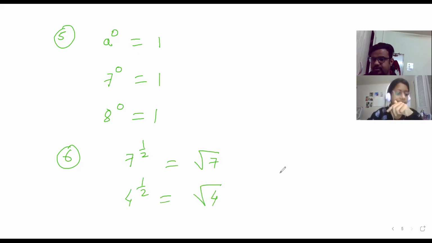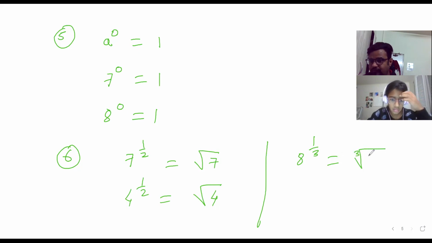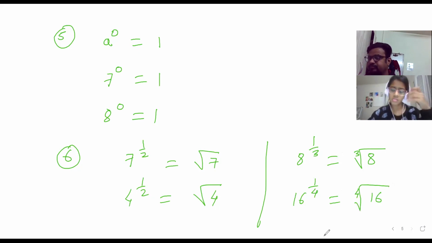And if 8 raised to 1 by 3 is there, it means cube root of 8. This 1 over 3 in the power, this 3 indicates that it is cube root. Now, suppose 16 raised to 1 by 4 is there. It means fourth root of 16.